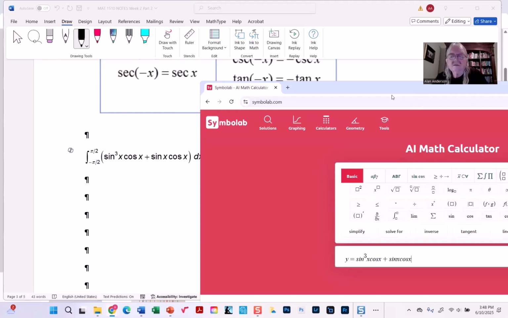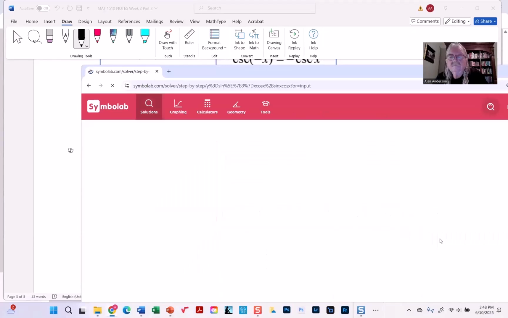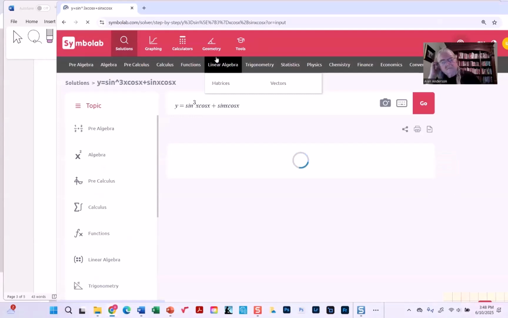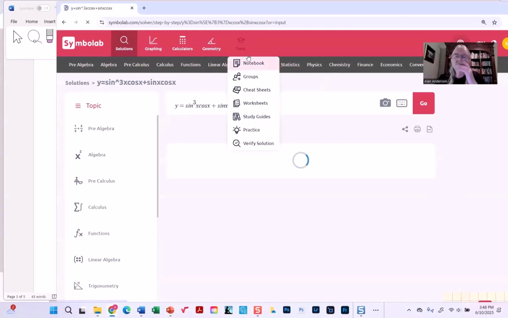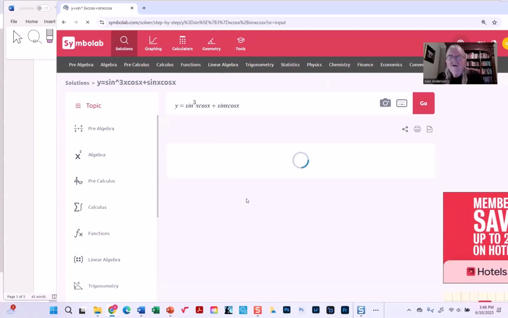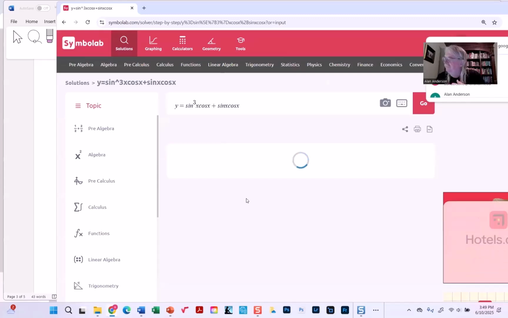All right, so let's take a look at this graph. Like I said, the technology works.